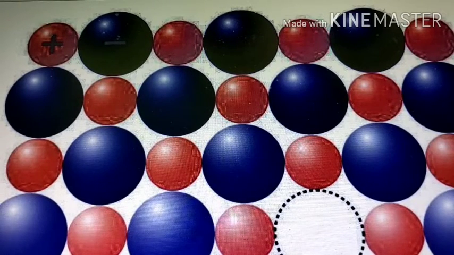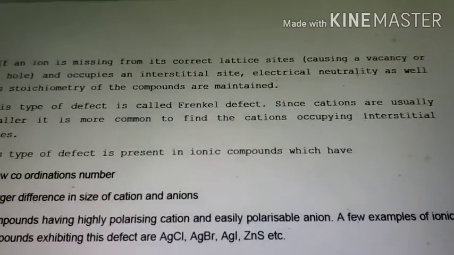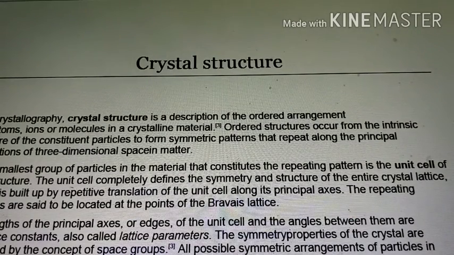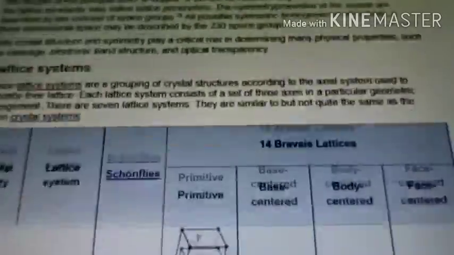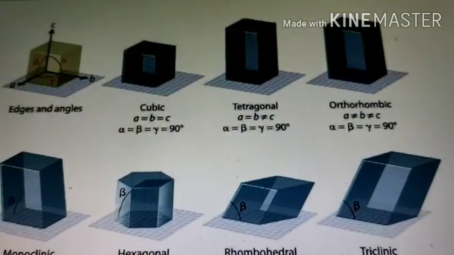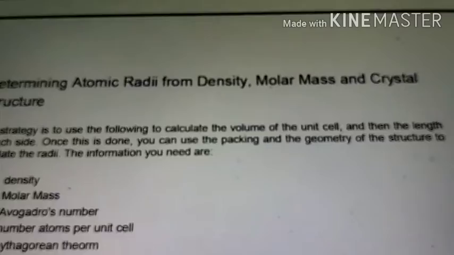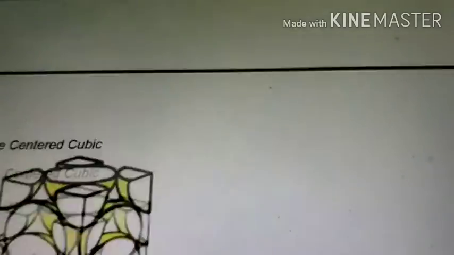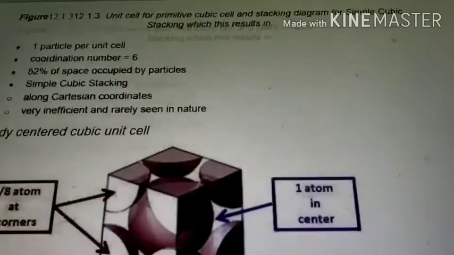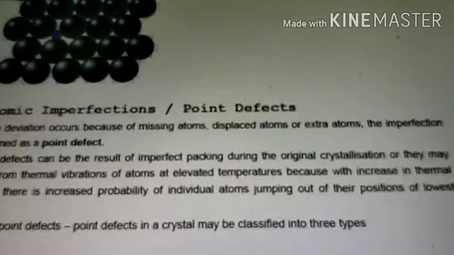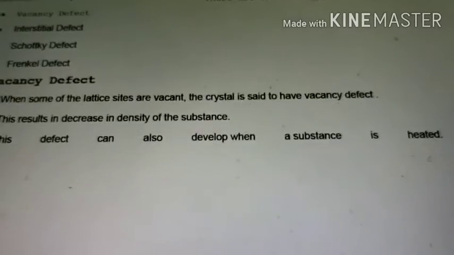When a particular atom is missing in its place, then the property of the material may vary whenever a large amount of defects occur like this.